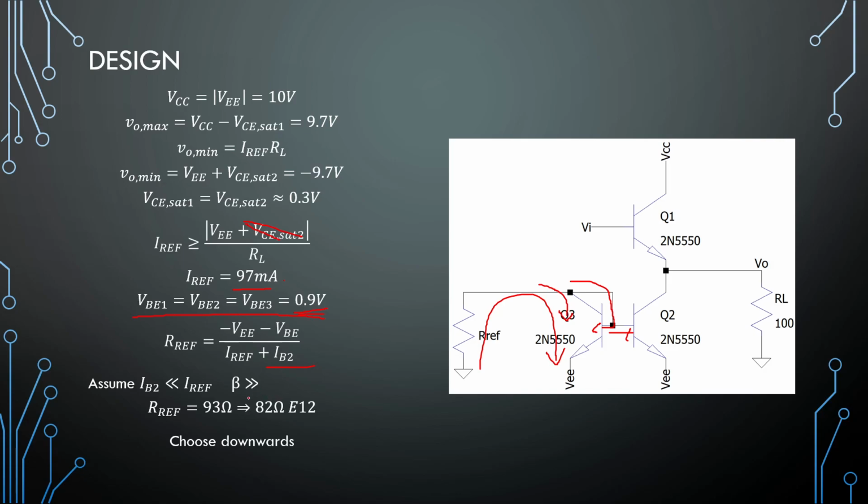If it's a high beta value transistor, you can neglect the effect of IB2, but if these have beta values of say 25, which can be typical for some power transistors to have low beta values, you must remember to take this small current that needs to go into this transistor into account.